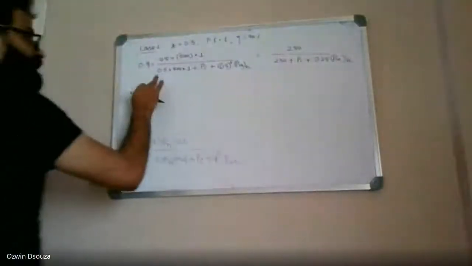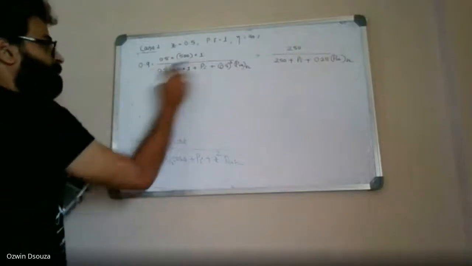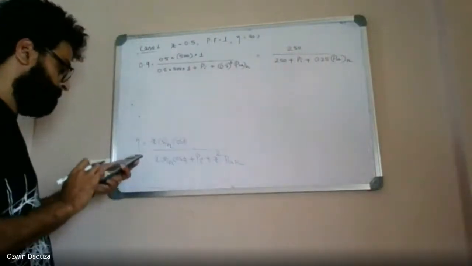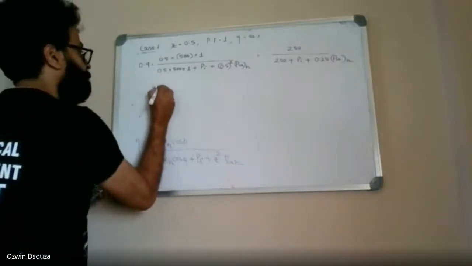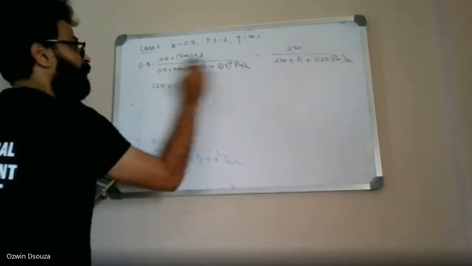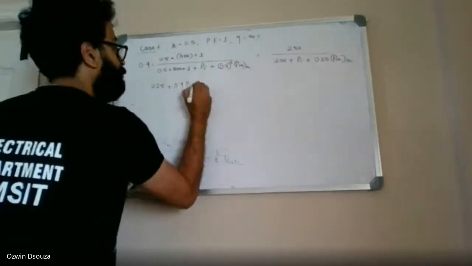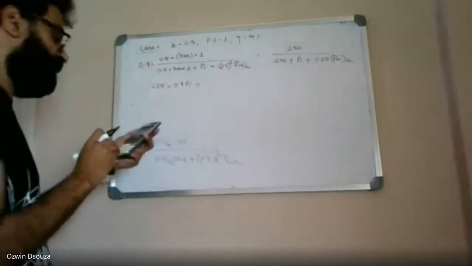Or cross multiply. So when you cross multiply, what do you get? 0.9 into 250, 225, plus 0.9 P_i, plus 0.9 into 0.25.